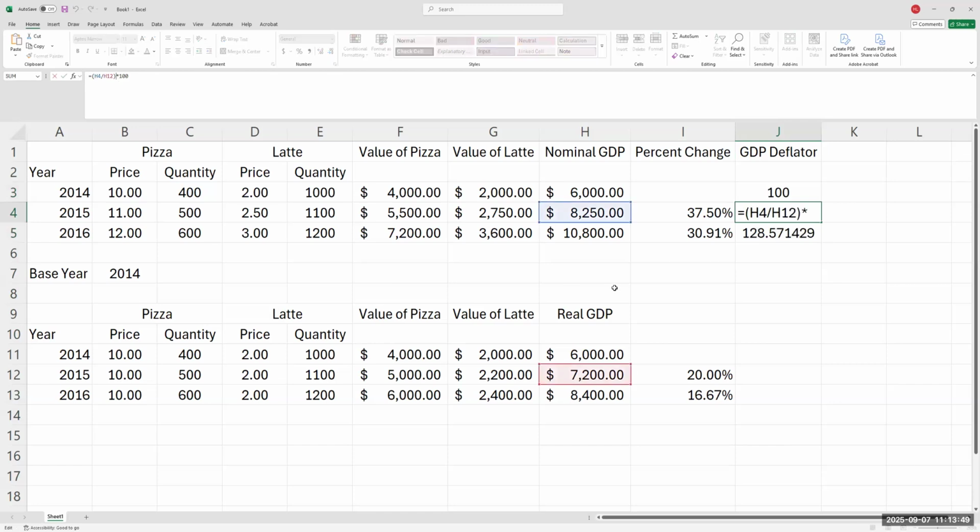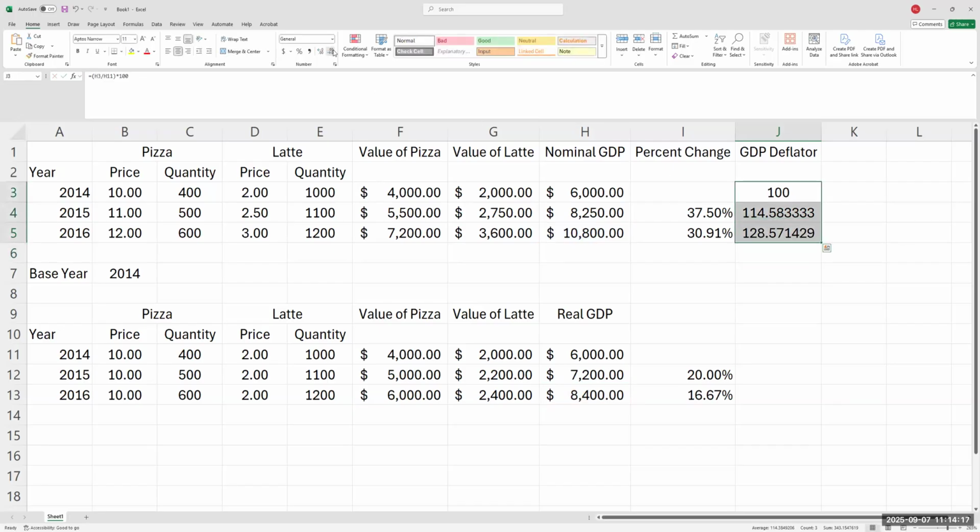The next one is nominal 2015 divided by real 2015 times 100. And the last one is nominal 2016 divided by real 2016 times 100.